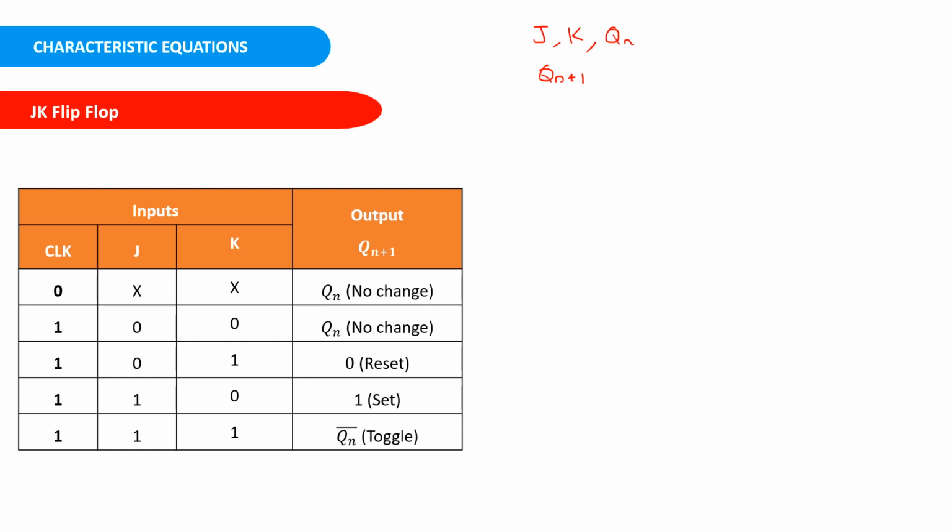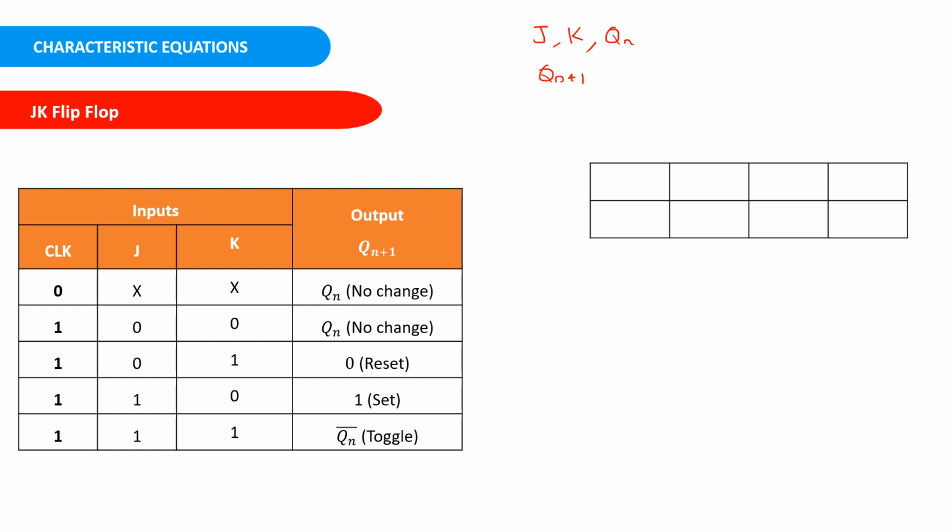If you draw the K-map for this, you can take J and K as variables here, and here you can take Qn as a variable. For JK we can have the combinations 0 0, 0 1, 1 1 and 1 0, and Qn is 0 and 1.